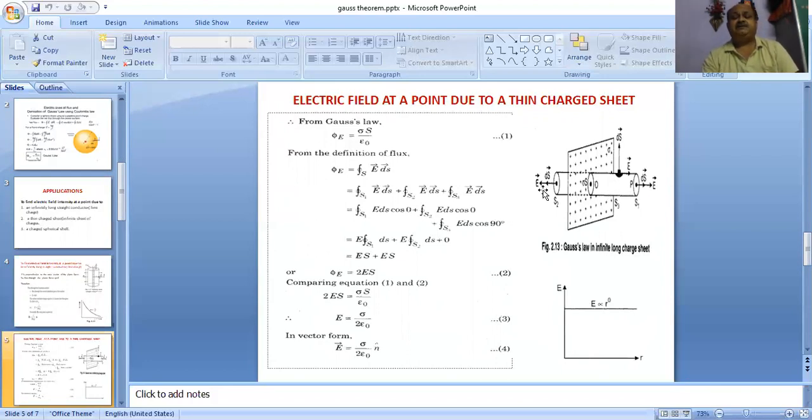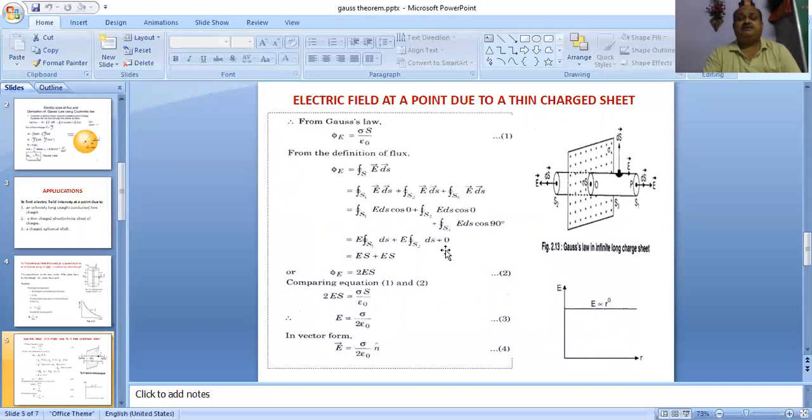For the plane faces, E and dS are parallel. So the angle is 0 degrees and there will be a flux through them. So from the definition of flux, electric flux phi E equals the integration of E dot dS for all the three faces I have taken, two plane faces and one curved surface.